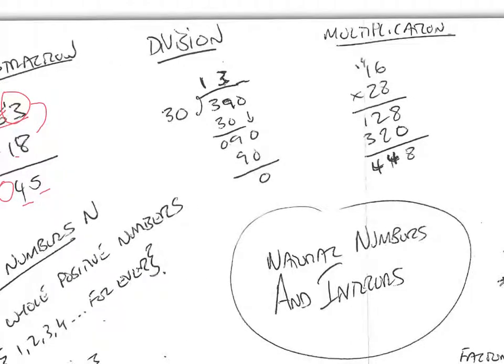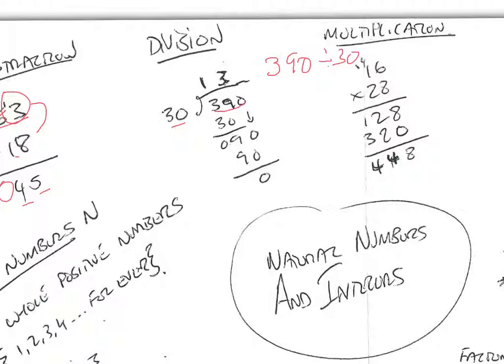Let's look at a division problem here. So if we have 30 divided into 390, or you might recall this as 390 divided by 30.